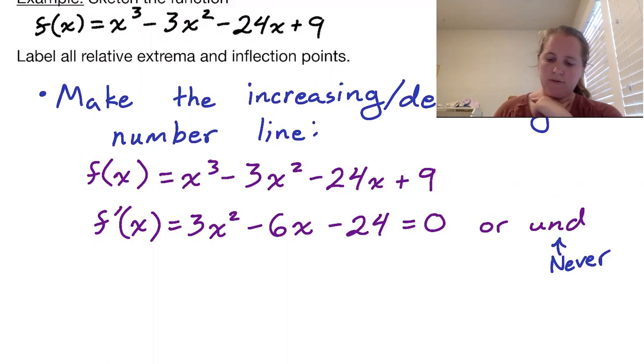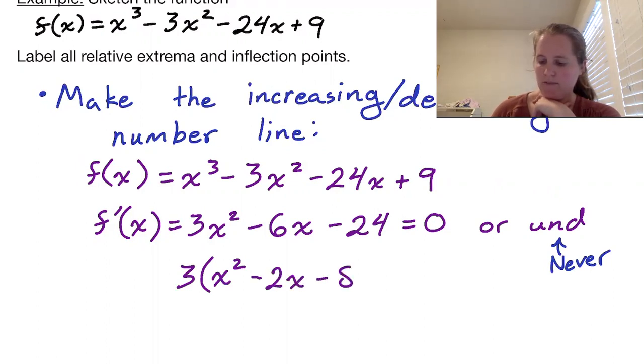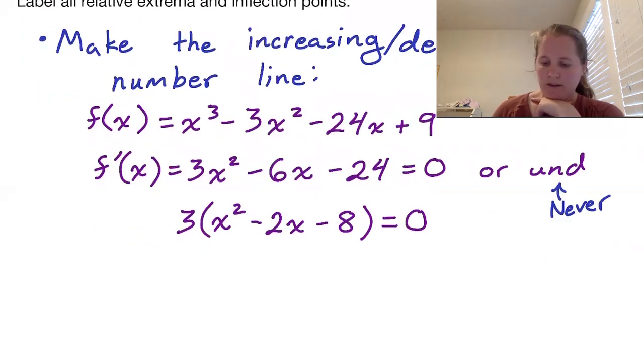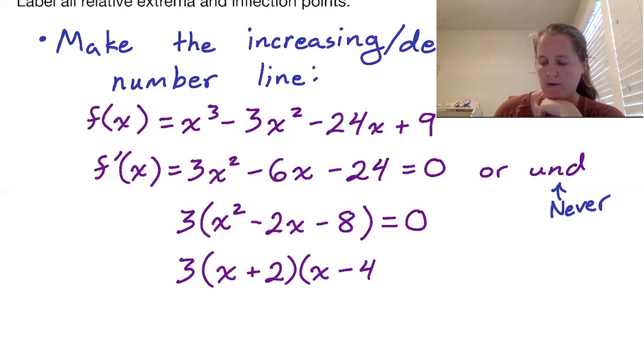And if we solve the first one, we can go ahead and factor out a 3. We're looking at 3 times, in parentheses, x squared minus 2x minus 8 is equal to 0. X squared minus 2x minus 8, we can go ahead and factor. That's x plus 2 times x minus 4.